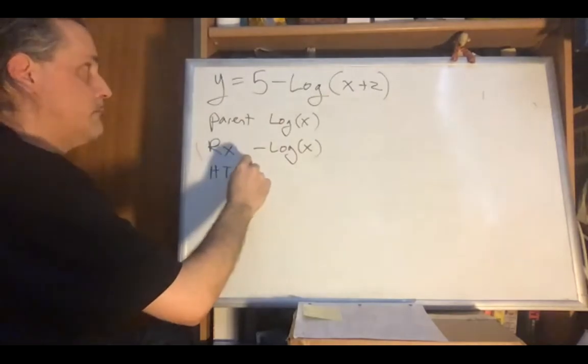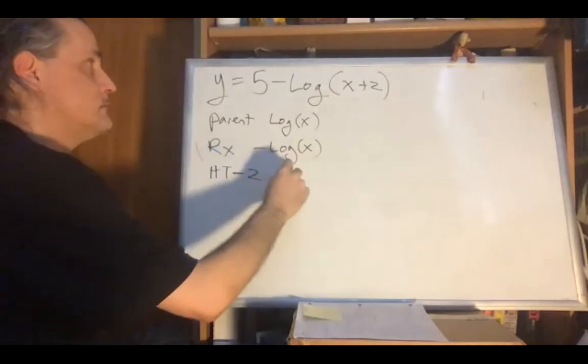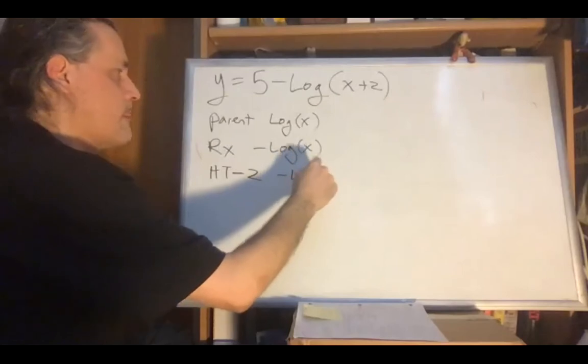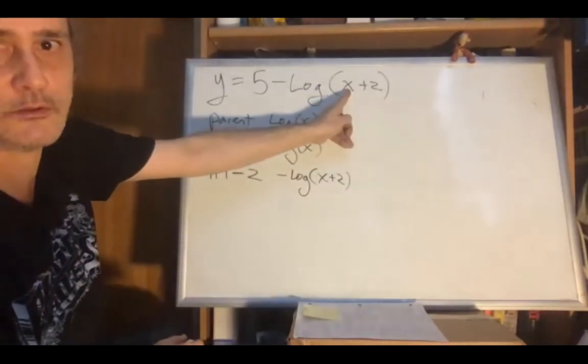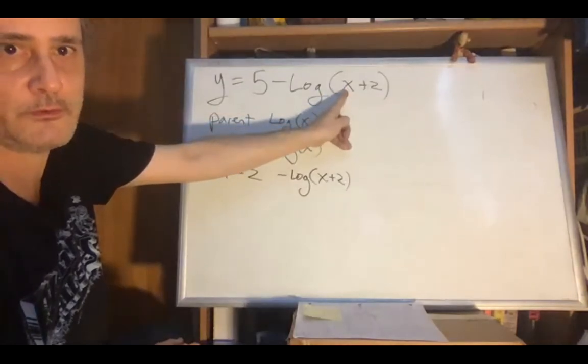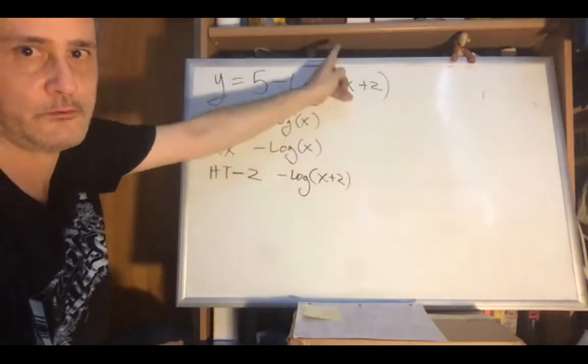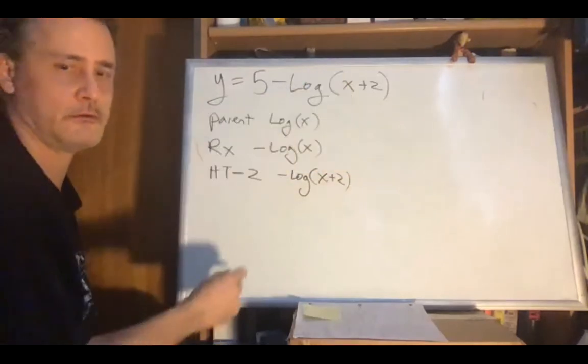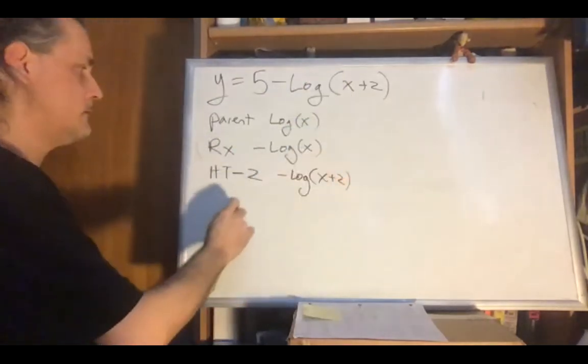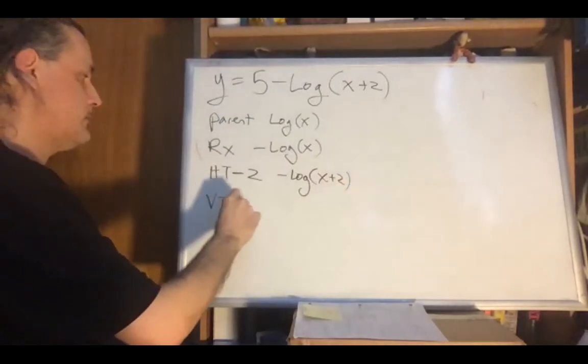So -2. Because again, to get back to the 0, you have to go to -2. All right. So notice the horizontal asymptote is shifting to the left, not to the right. I mean, vertical asymptote. All right, and then vertical translation +5.